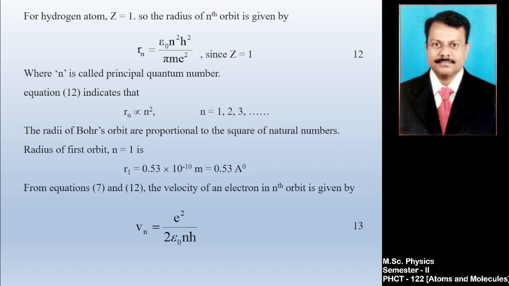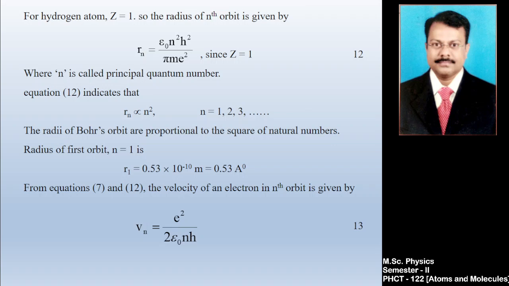We give one example. The radius of the first orbit, where n is equal to 1, r1 is equal to, what is the formula? R1 is equal to 0.53 into 10 to the power minus 10 meter, which is 0.53 angstrom. 10 to the power minus 10 meter means 1 angstrom.